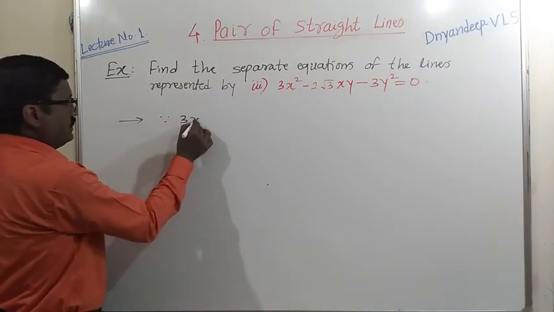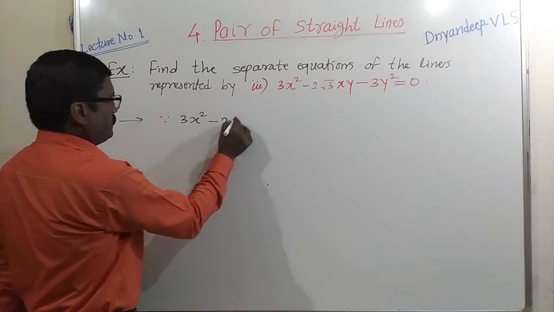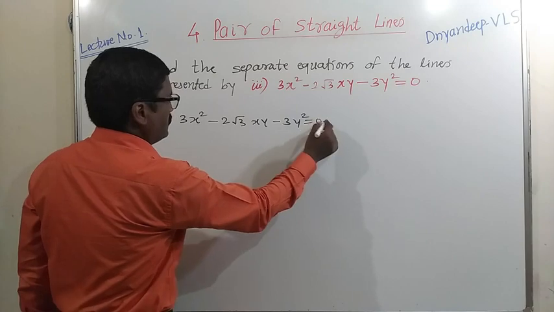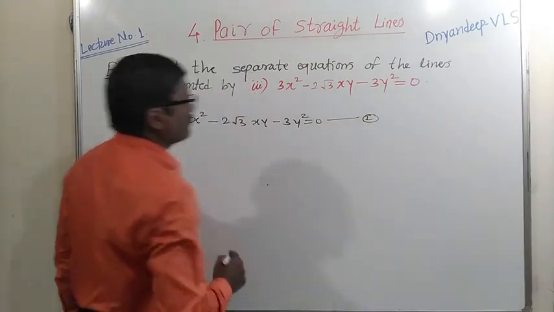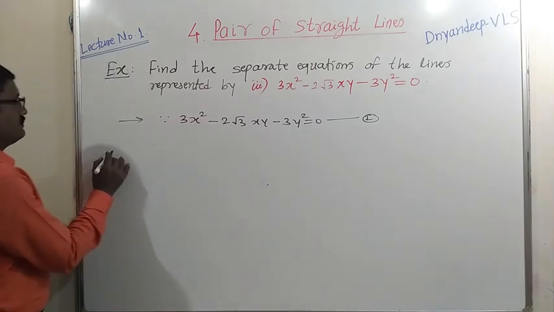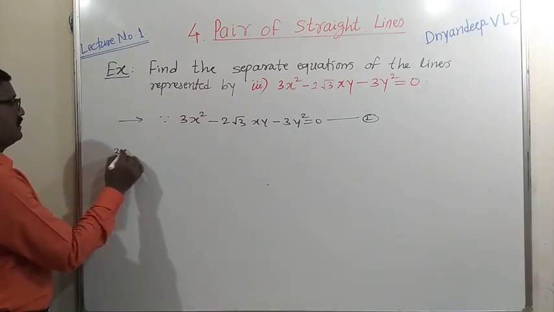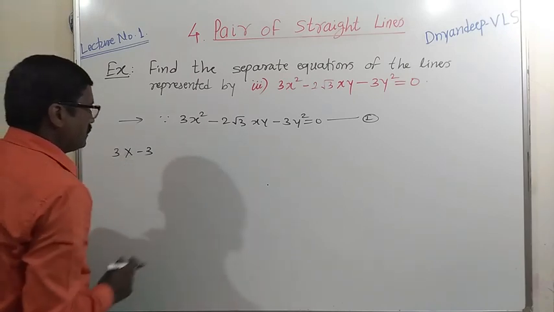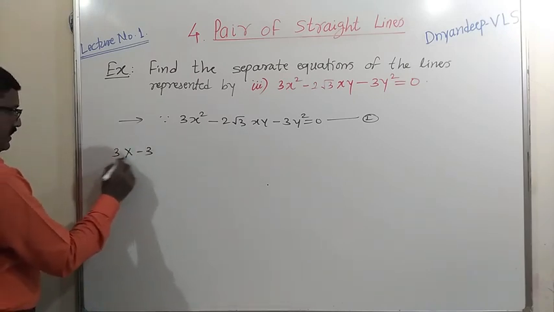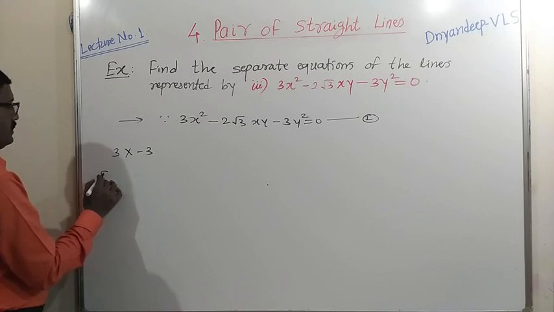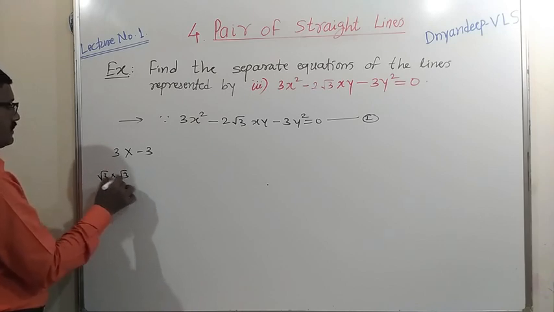Since 3x² − 2√3xy − 3y² = 0 is the given equation, here the product should be 3 × (−3), that is −9, and the sum should be −2√3. So this 3 is nothing but 3 times √3 into √3.